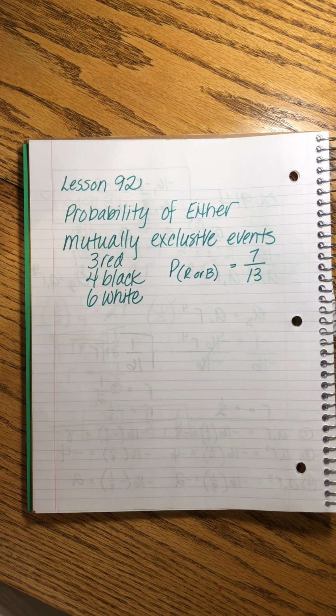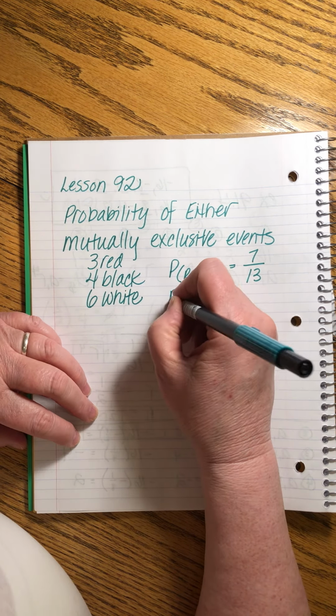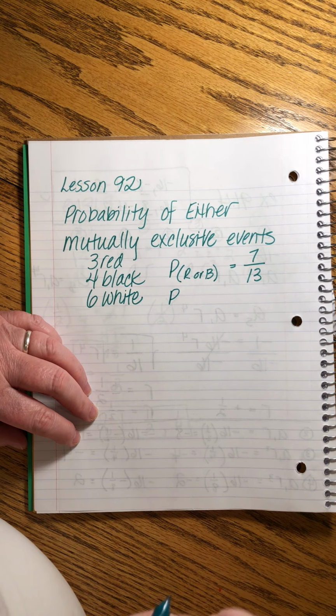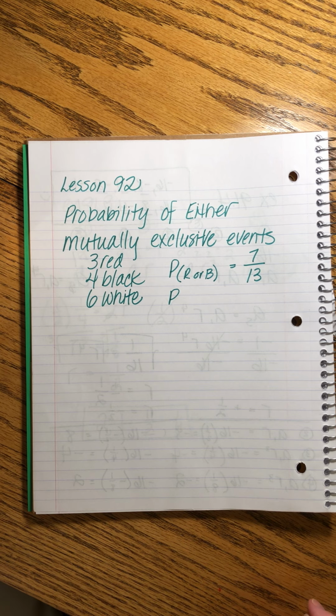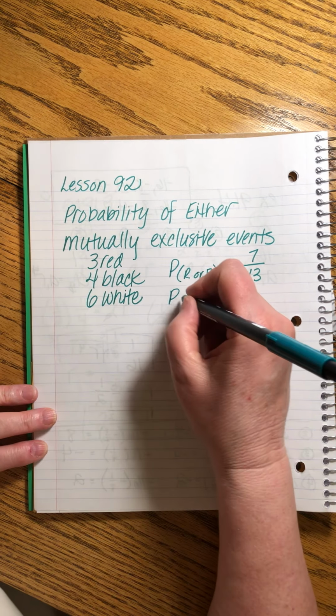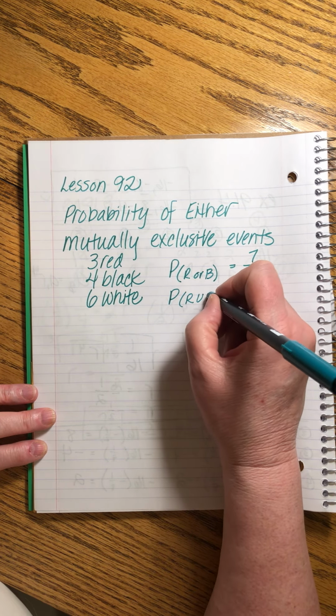Another way that we can write this is the probability of red union black.